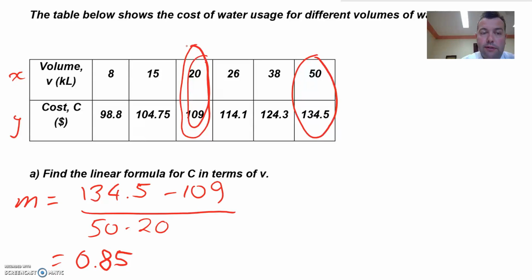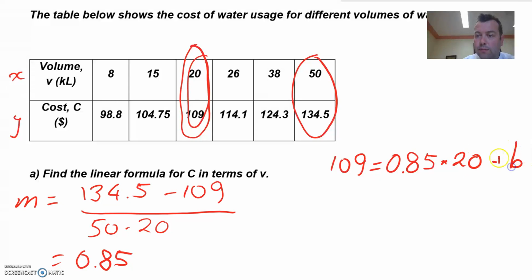So now I'm going to say, we can stay with x and y, or we can use c and v. So I'm going to say c, which is 109, equals m, that's 0.85, times 20 plus b.